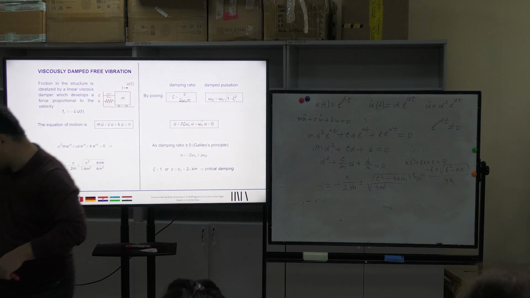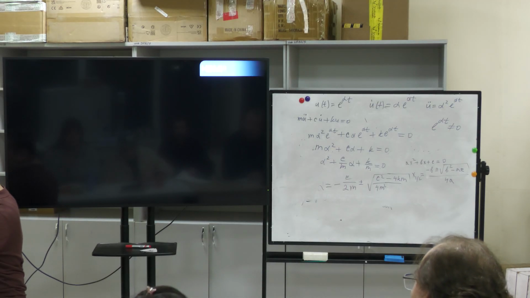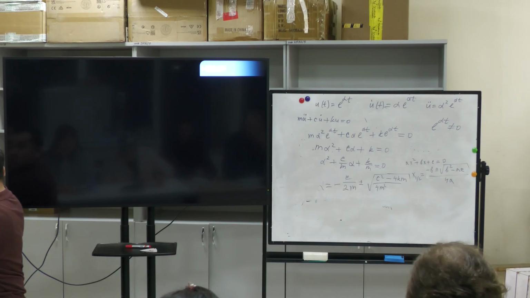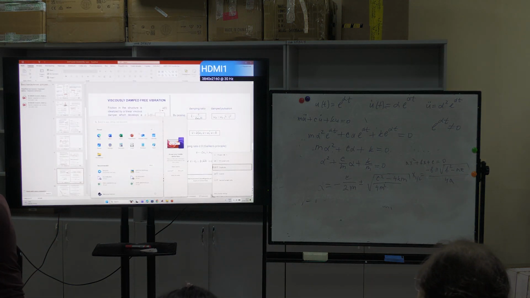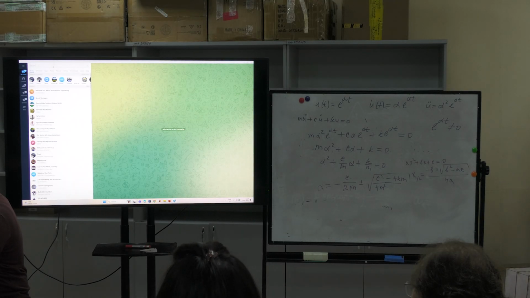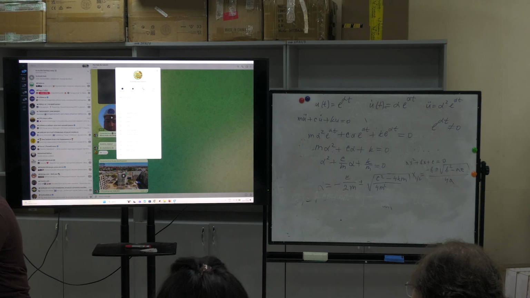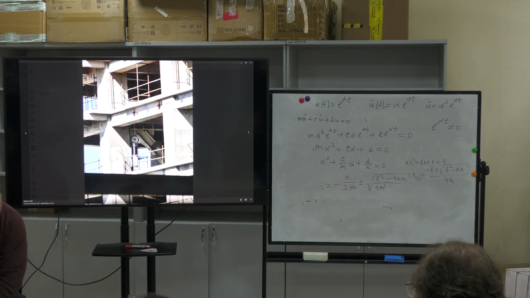Now I will show you one example of a damper. It's showing or not? These are the dampers.